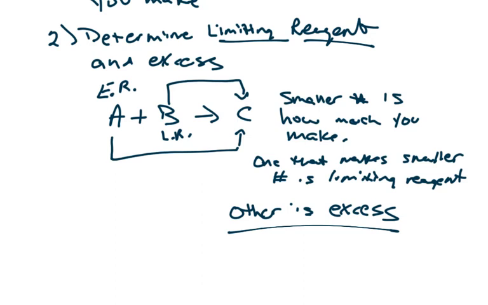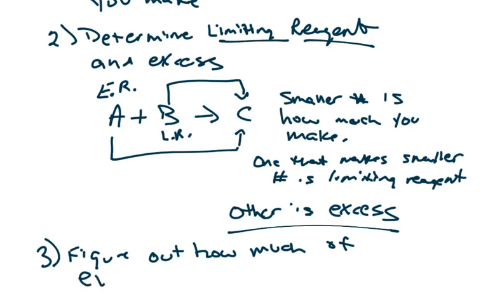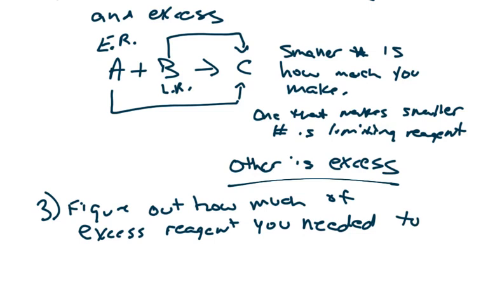That means we have A left. So then our next step is figure out how much of excess reagent you needed to make that much product.